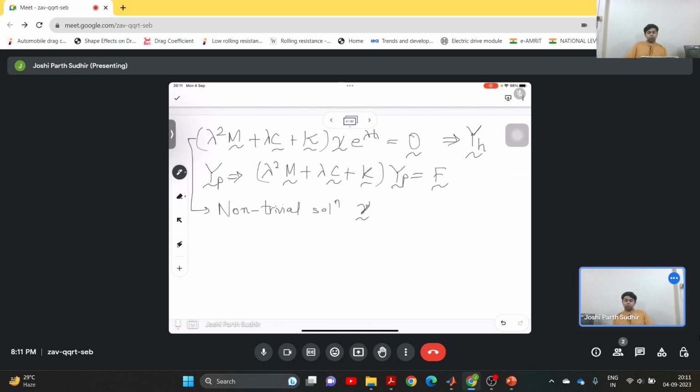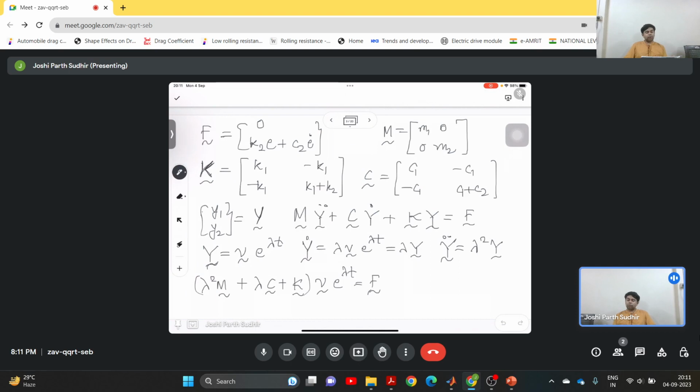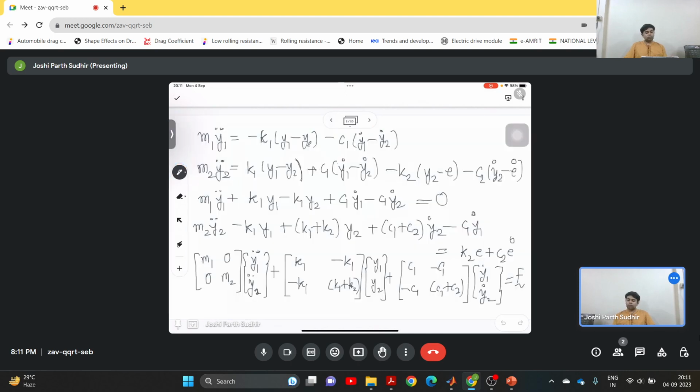So therefore for a non-trivial solution we need the determinant of lambda square m plus lambda c plus k to be 0. So to find out the natural frequencies of this system, we need to solve for this determinant.